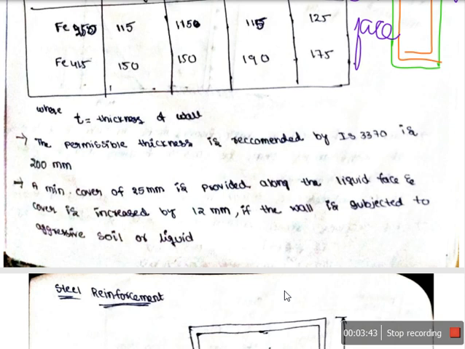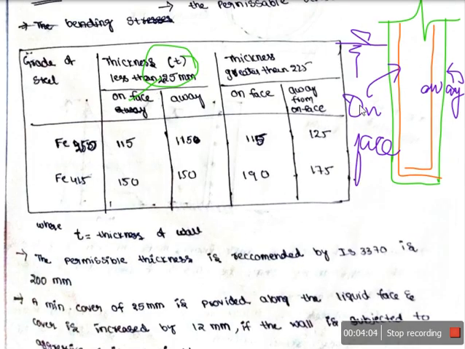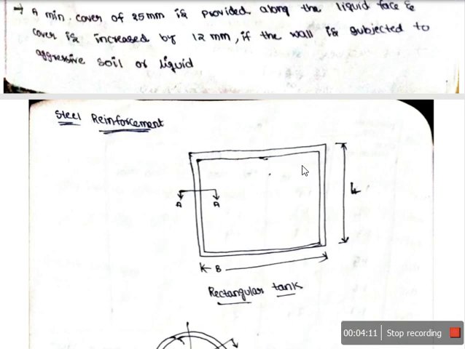So the minimum cover is 25, plus 12 is 37, so let us say 40. The 40 is the cover which you need to provide for the steel on the liquid side, and if it is on the away side, then you can go for 25 mm, no problem.